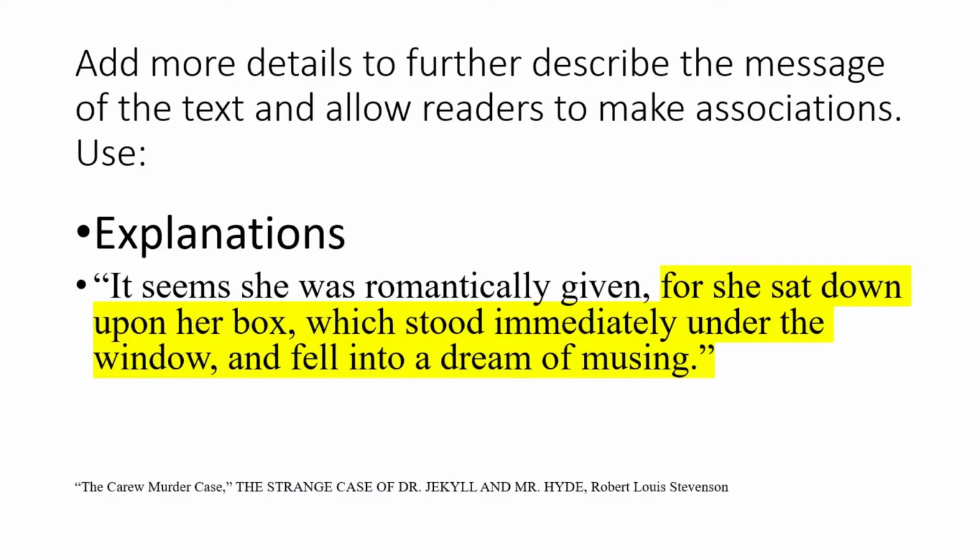She might be kind of poor because she's only got a box to sit on, not a chair. That's a lesson that we could go into another time. Which stood immediately under the window. And of course she sees this murder happen from her window. She falls into a dream of musing. So she's just letting her thoughts take her wherever, just thinking about whatever comes to mind. This explanation adds a lot more to that starting part of the sentence that just says, it seems like she was romantically given.